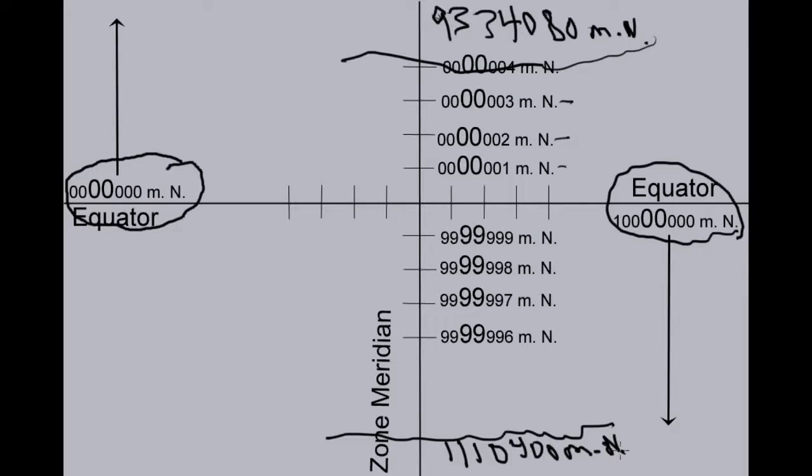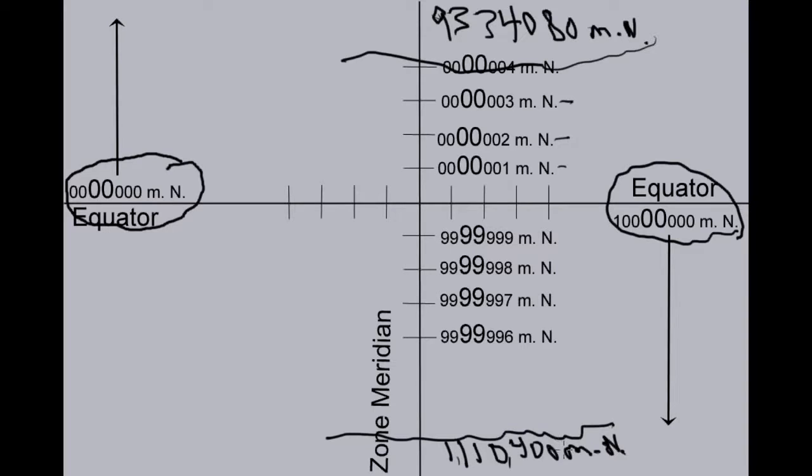What this means is at 80 degrees south latitude, where your northing is 1,110,400 meters north, you are 8,889,600 meters south of the equator.